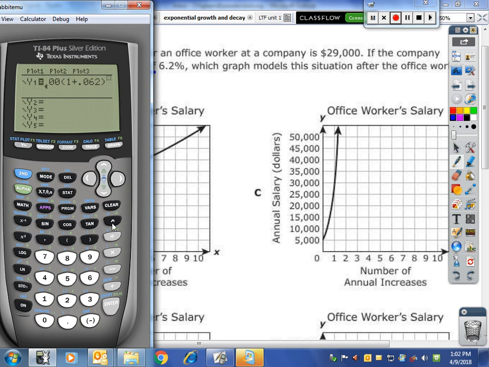Now I've got to raise it to a power. That's this little symbol above the division sign, and the exponent is where your input goes. That's your x. The input is your x. That's what makes it exponential.